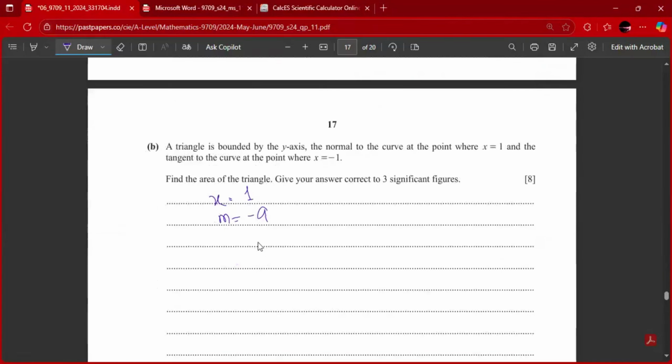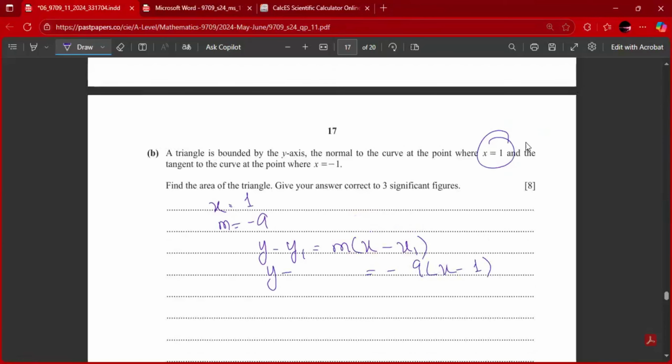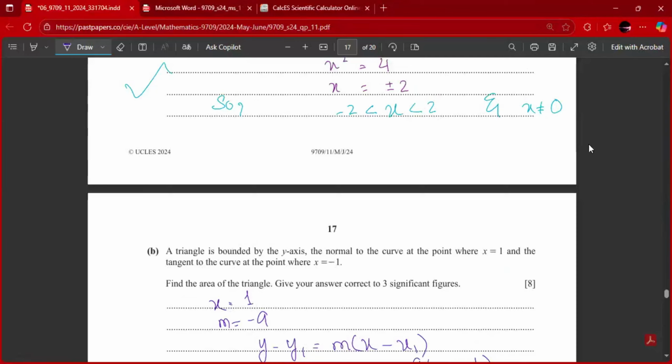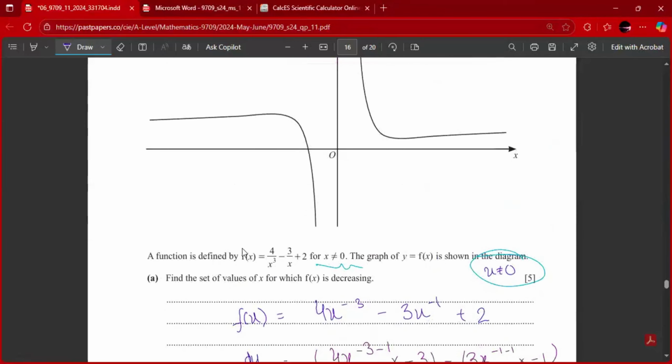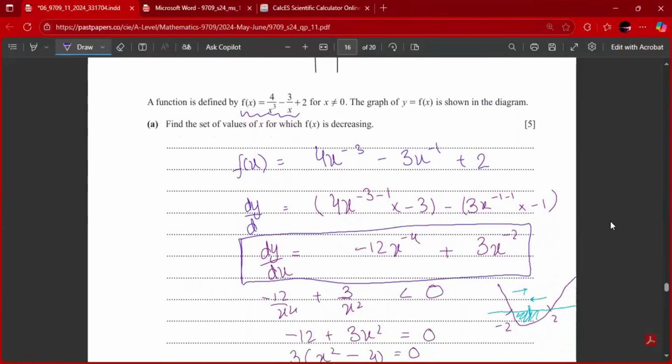Now we can solve it. y minus y1 is equal to... This is another formula. Let me just find y. What is the value of y? My x is 1. Let's just put this value of x in this equation. If I put x is 1, we get 4 minus 3 plus 2. 1 plus 2, 3.